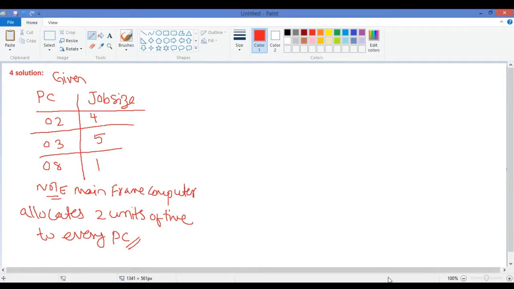Okay, so now let us solve. You see, it is a 4-bit contention window.